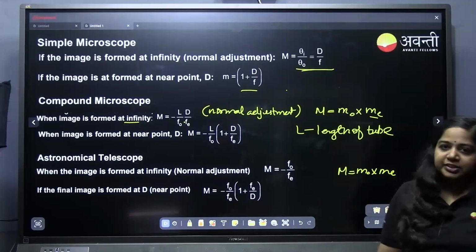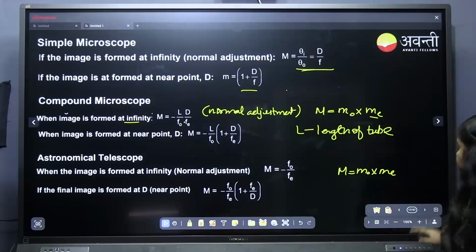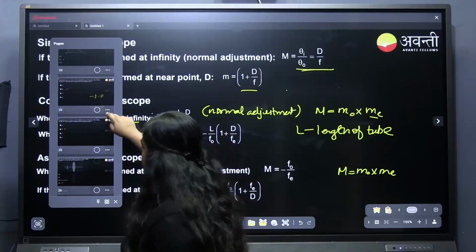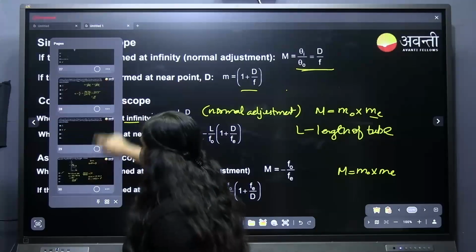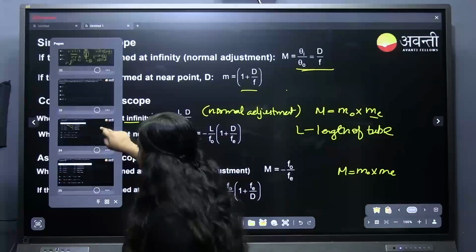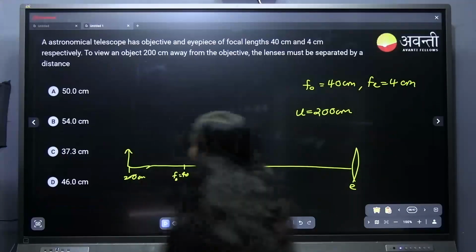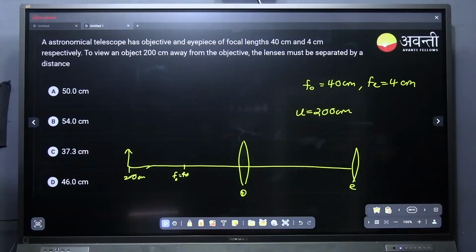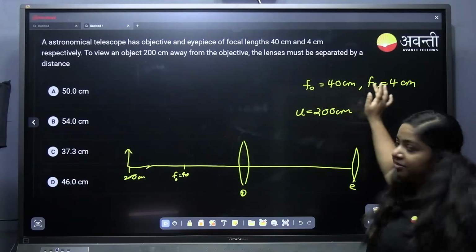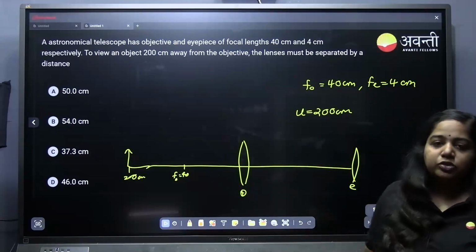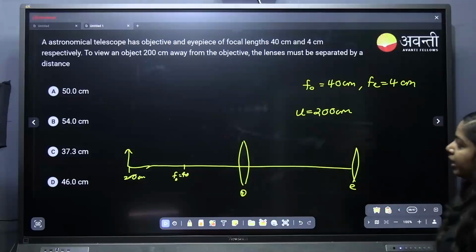Our magnification formula we have, but we don't need that. We need how much will be the length of the tube. For the length of the tube we usually take FO plus FE during normal adjustment. If it is not normal adjustment, we cannot find it like that.